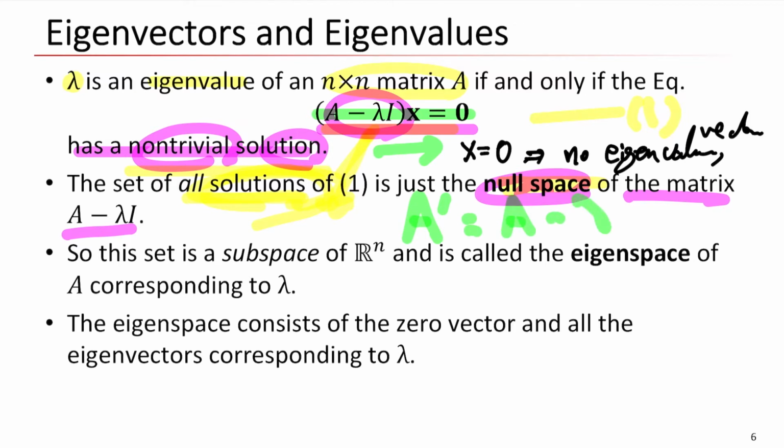In this case, A prime X is equal to 0, so this is a homogeneous system. The set of X that satisfies this is called the null space, right?